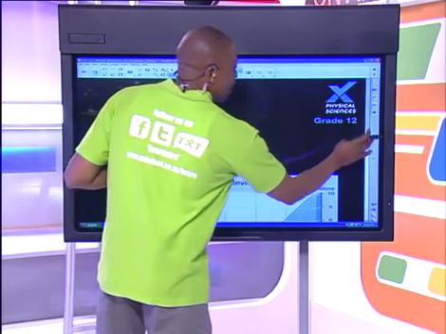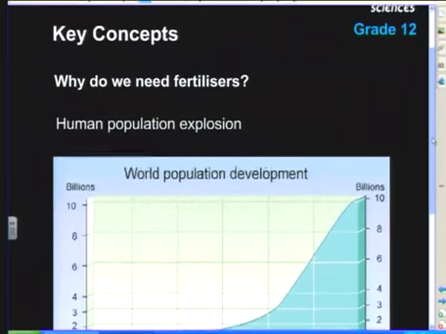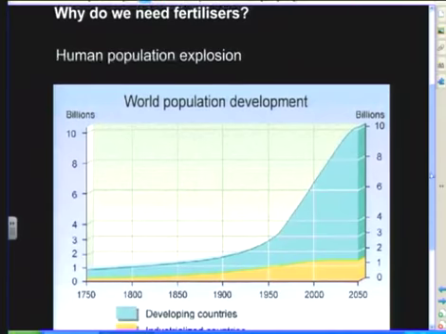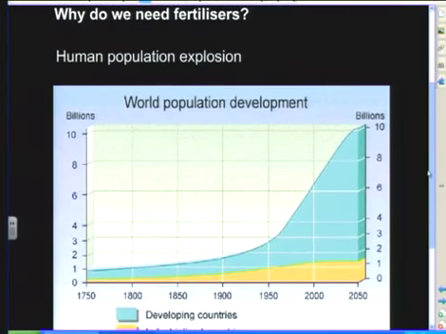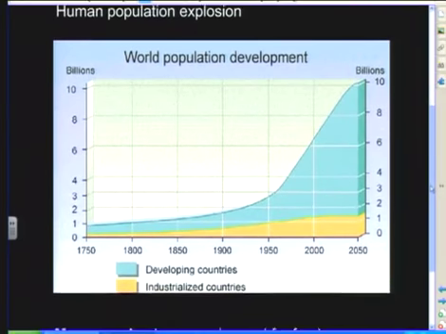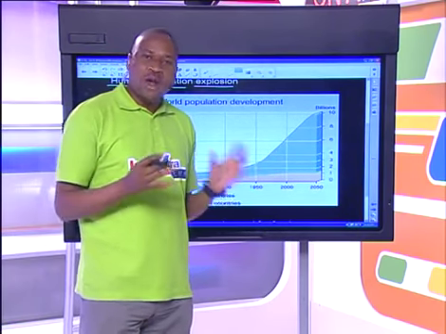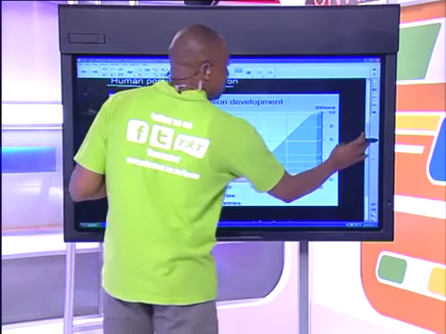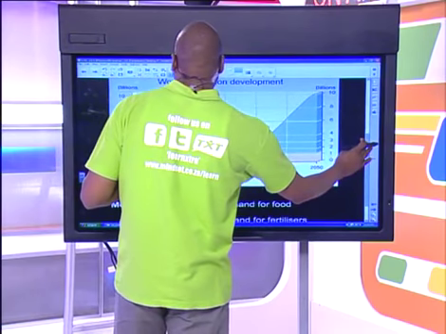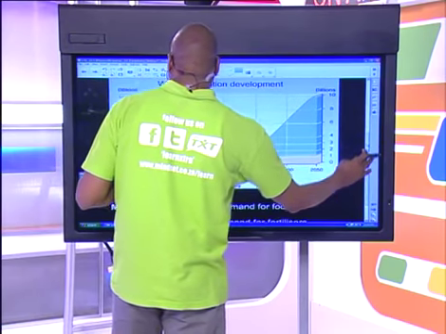Now, moving on, I want to show you a picture of how the population growth is over a period of time, so you would understand why we need those fertilizers. I'm talking about human population explosion, how the numbers of people are increasing worldwide.